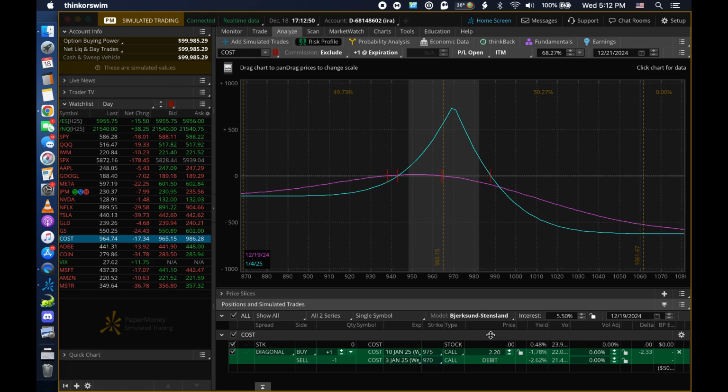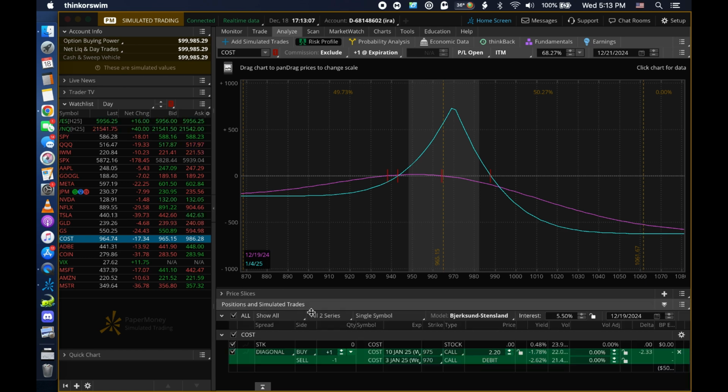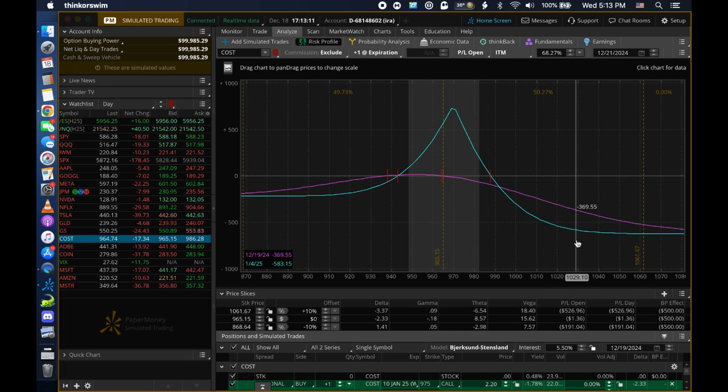The trade-off for that is now we have a margin requirement in order to place this trade. So if I open the price slices, we'll see that we have a $500 margin requirement, right? Because this is a $5 wide spread, so we have a $500 margin requirement.